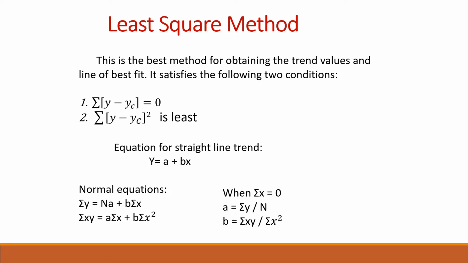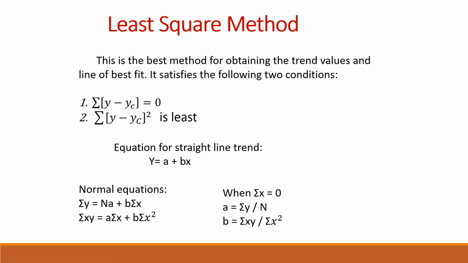In the least square method, we get the equation for a straight line trend. In this method, the trend line is always straight, that is, it is a linear function.